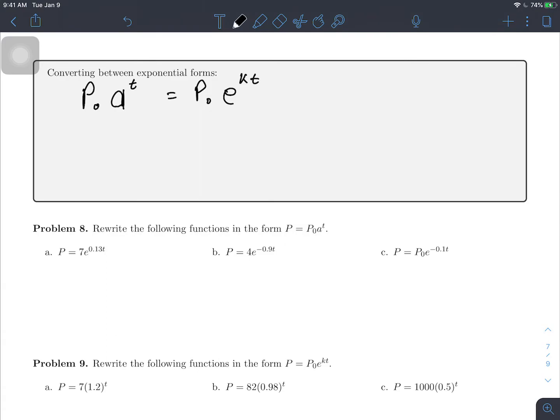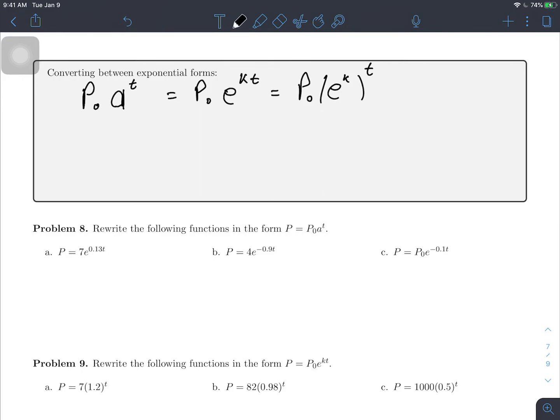These two different forms mean the exact same thing. They're simply written slightly differently. In fact, we can rewrite this second equation as P naught times e to the power k, in parentheses, to the power t, because if we have a number to a power and we take that number to another power, we multiply the powers.